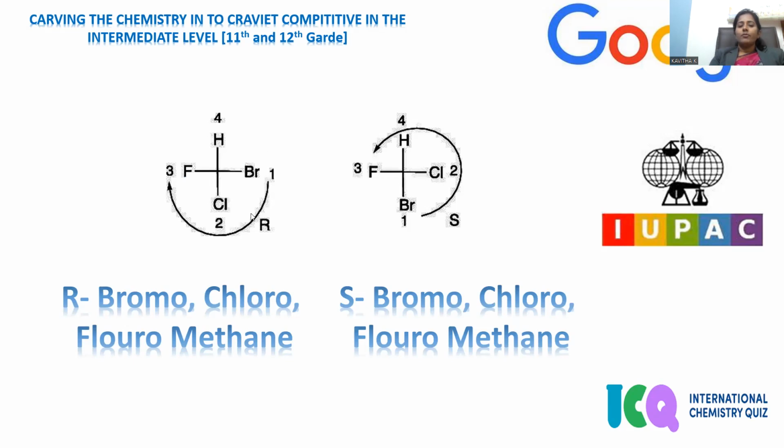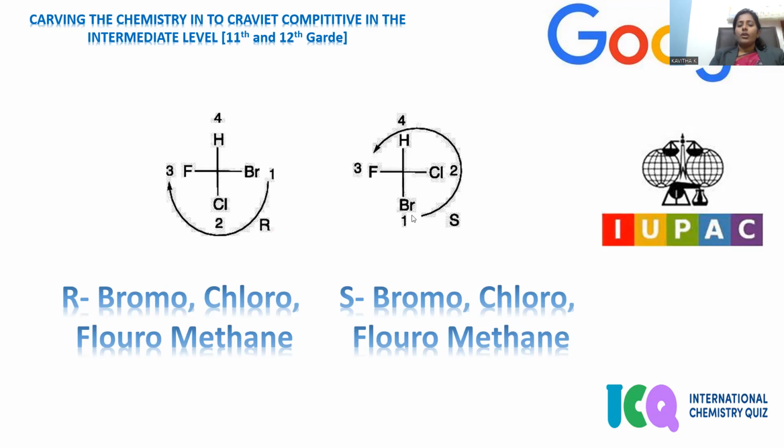And we are moving in this direction, going from 1, 2, 3, 4, so this is the way we can say clockwise rotation. Clockwise rotation will be assigned R configuration, and always the fourth priority group must be away from the viewer. This is the suitable arrangement only. And in the second one, chloro is replaced with bromo. Both are interchanged.